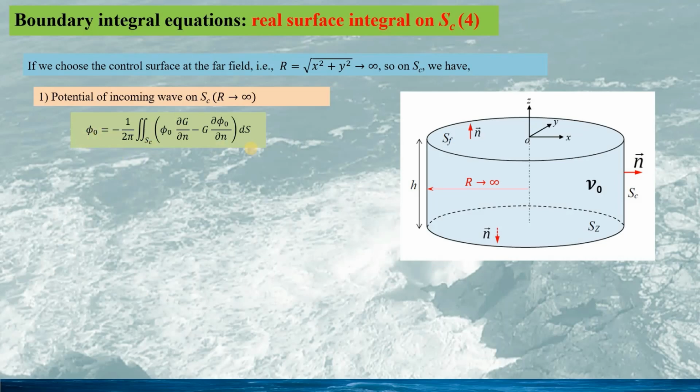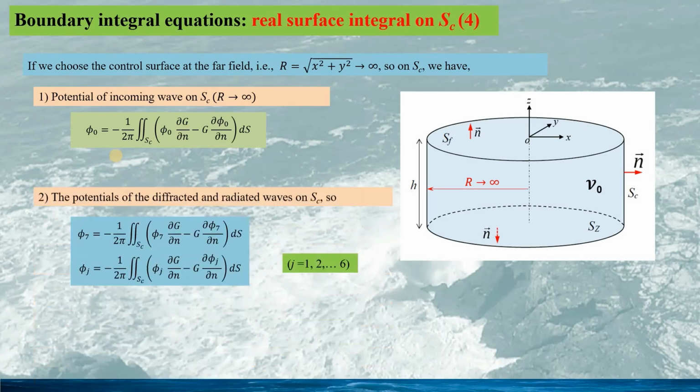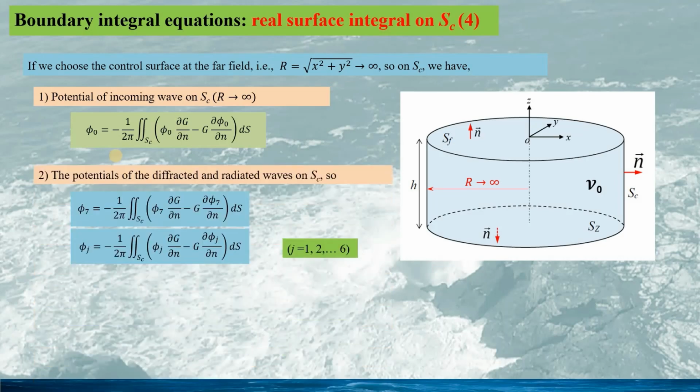Hence, the potential of the incoming wave would not be 0 at the far field condition. This is understandable because the incoming wave is coming from the far field. The potentials of the diffracted wave phi 7 and the radiated waves phi j are given in this respectively.